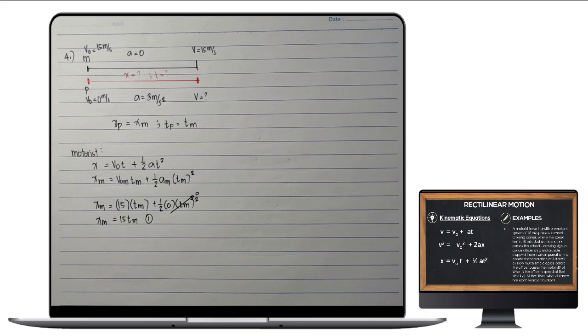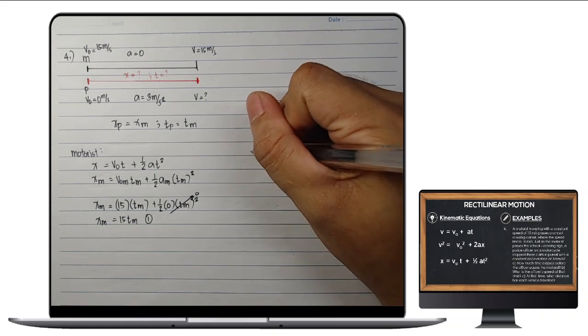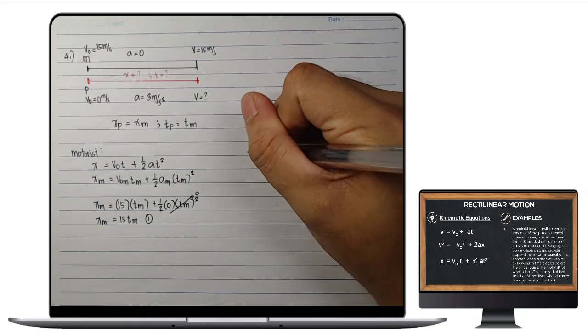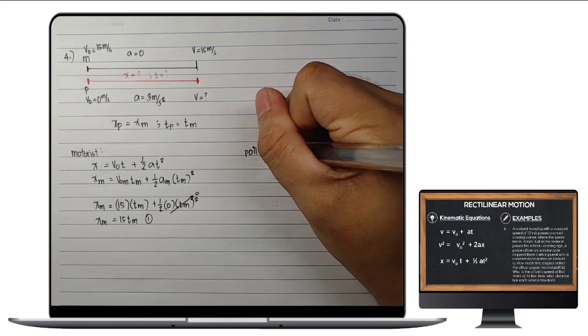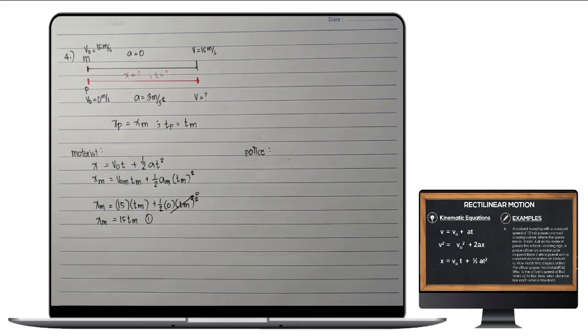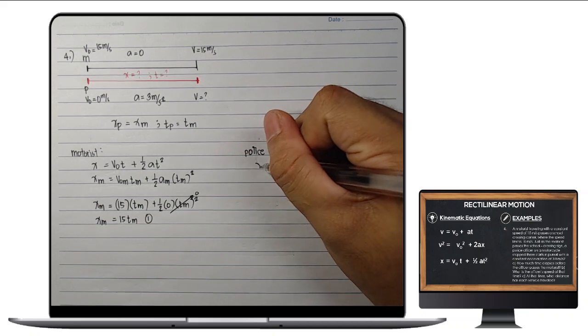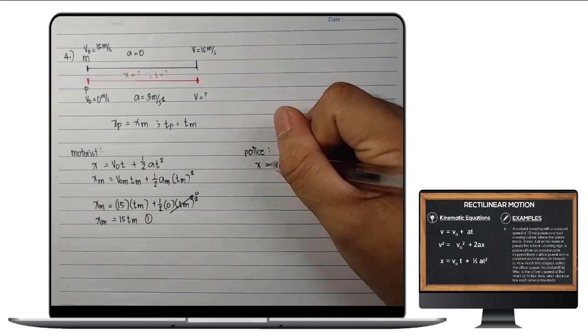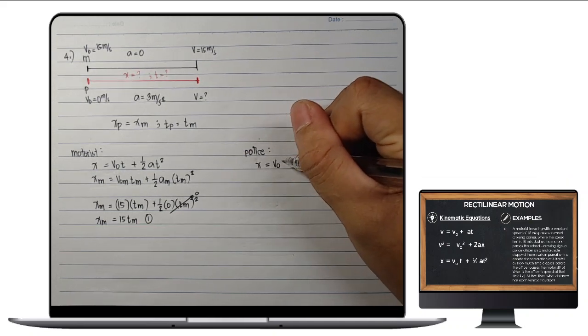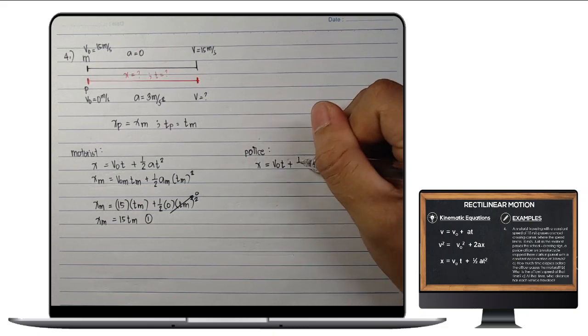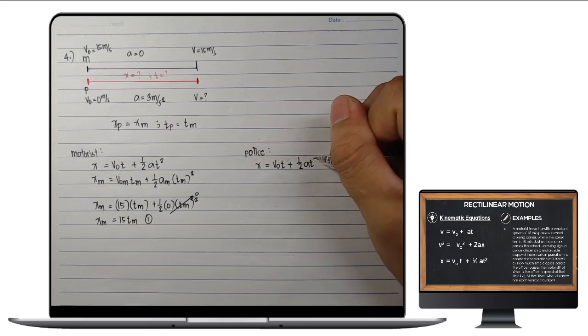Then, let's consider the police officer. For the police officer, let's use the same formula, x is equal to v0t plus 1/2 at squared.